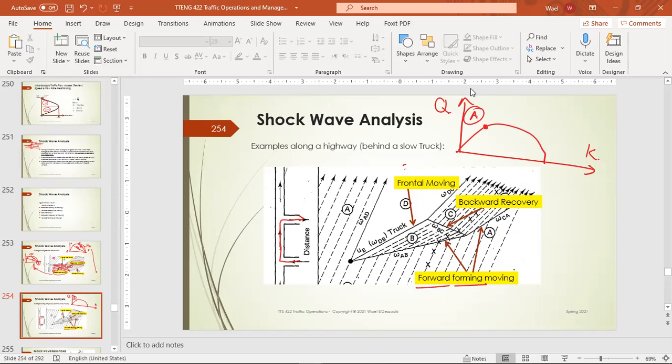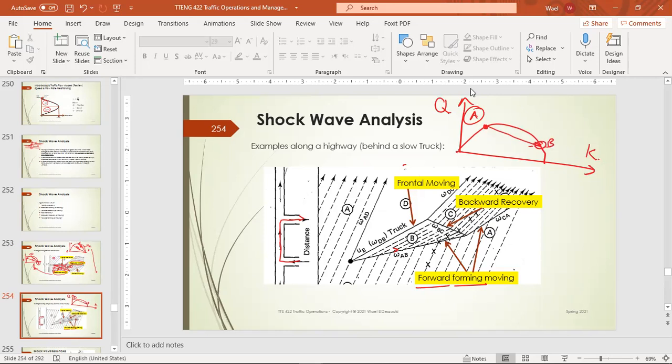But when the truck enters, it drives at a slower speed. So the slower speed is going to be somewhere here. Here we will have this wave going backward at a lower speed, as you can see here. So this is case B.